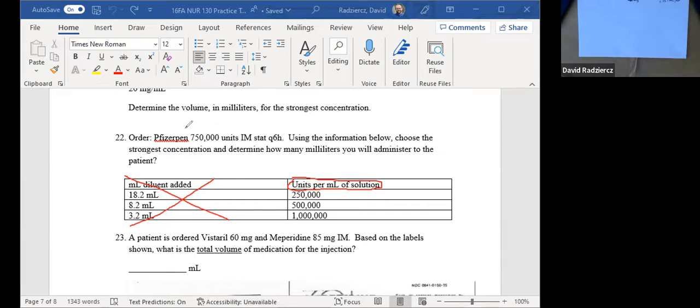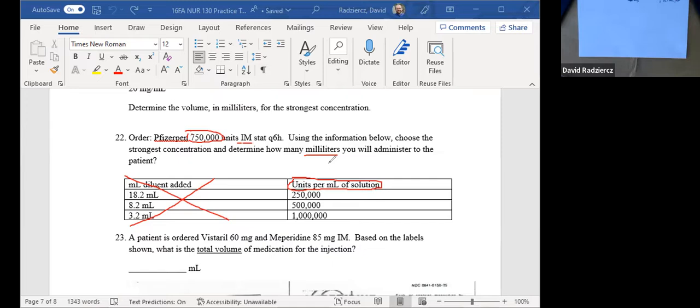So the order is 750,000 units intramuscular. Anytime you see intramuscular or IV, you will know that your answer is in milliliters. Okay. Now I didn't ask you here, but if it just said, choose the strongest concentration, and how much would you administer to the patient?